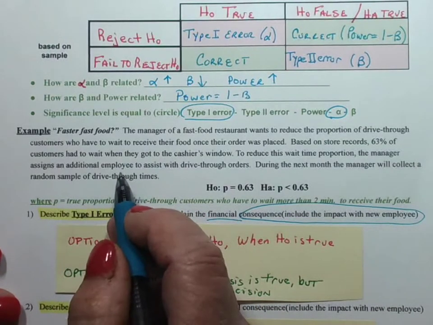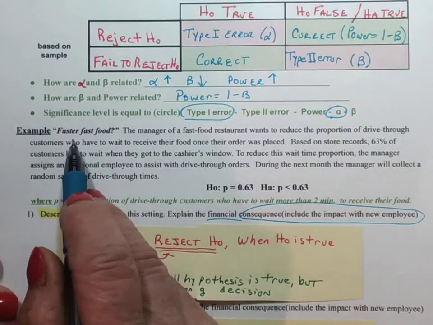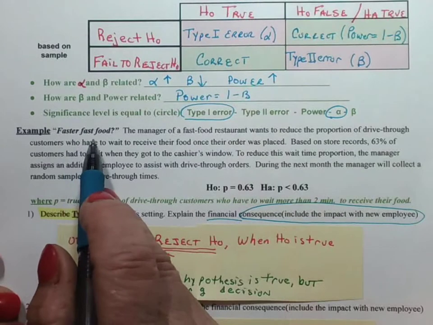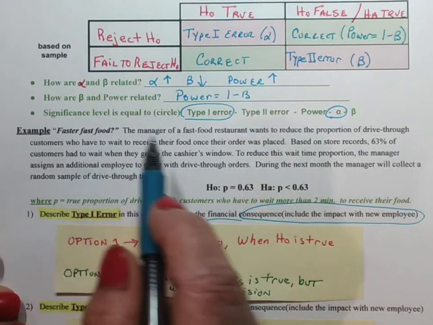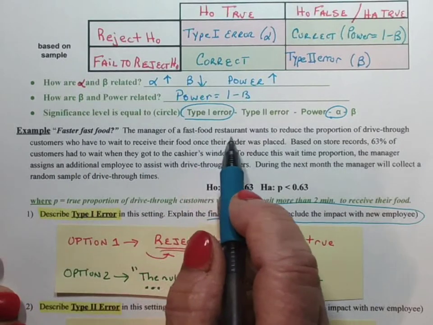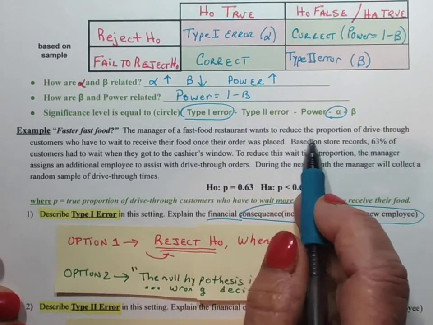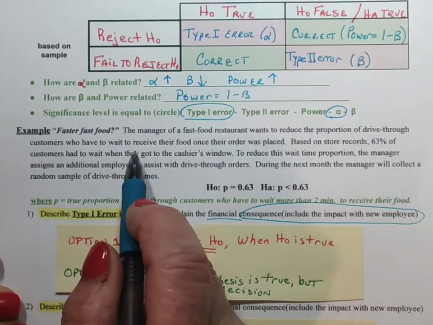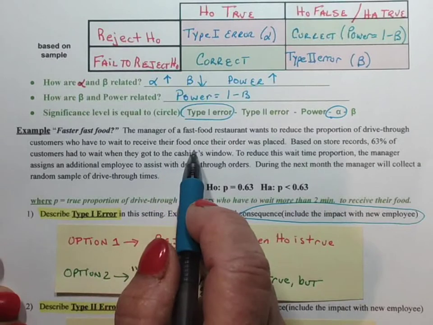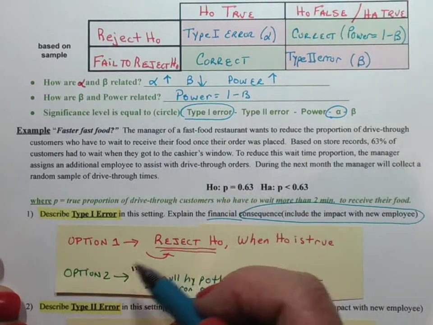So welcome back. To familiarize myself with this problem, I'm going to read it to myself again. Faster fast food. The manager of a fast food restaurant wants to reduce the proportion of drive-through customers who have to wait to receive their food once their order was placed.